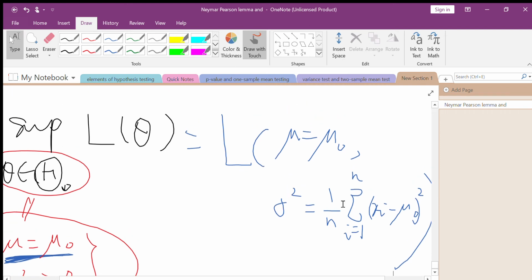This way of writing is a little too long, so let's make it more concise. Okay, so let's rewrite it.